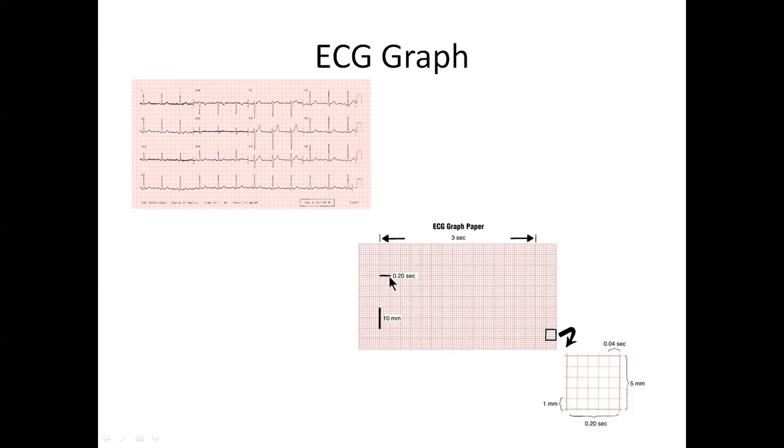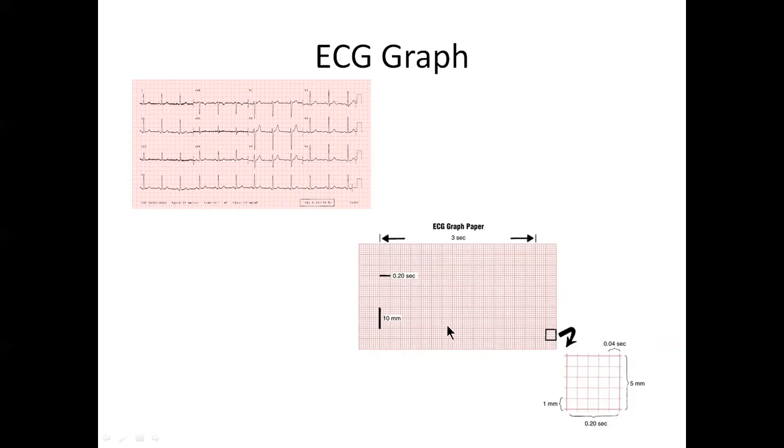One little square is equivalent to 0.20 seconds, which means 5 of them will be equivalent to 1 second. 15, that is 3 times 5, would be equivalent to 3 seconds. And just like that, 6 seconds will be 30 of these squares.